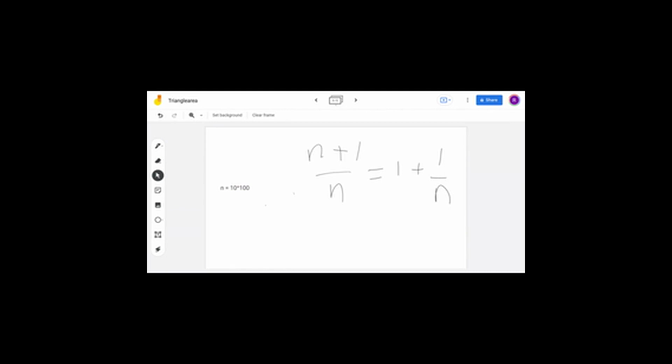So 10 to the power 100 means there are 100 zeros after 1. Anyone knows what happens when I take that many large number of tiles? 10 to the power 100 rows and 10 to the power 100 columns.